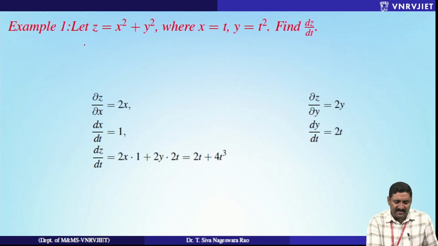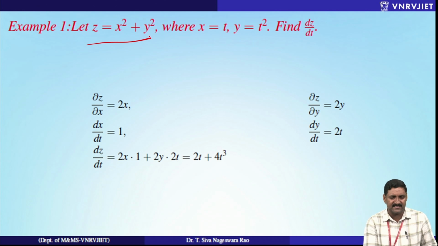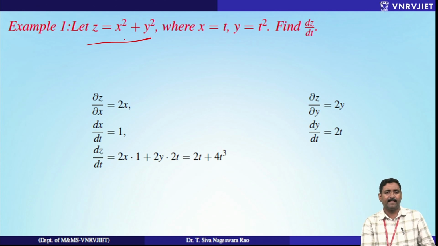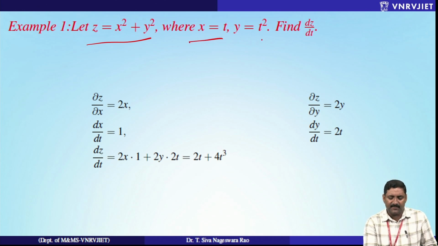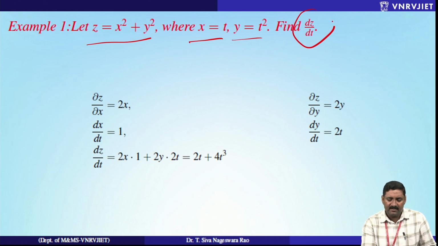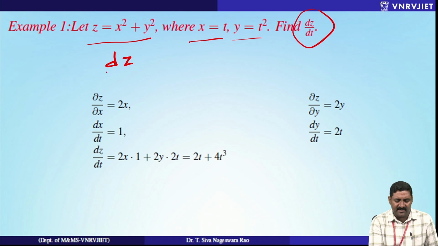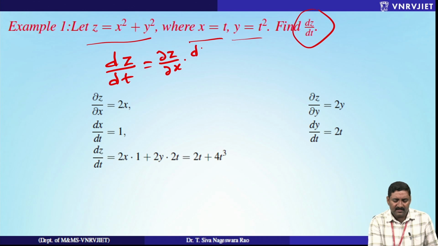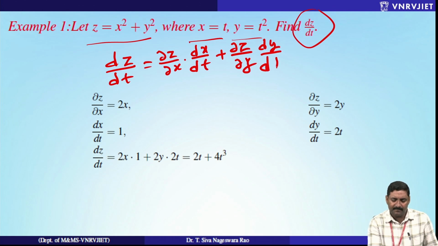Let z is equal to x square plus y square, means z is involving two independent variables in which x is depending upon t and y is depending upon t square. Now my aim is to find dz by dt. What is dz by dt here? Dz by dt can be written as dou z by dou x into dx by dt plus dou z by dou y into dy by dt.